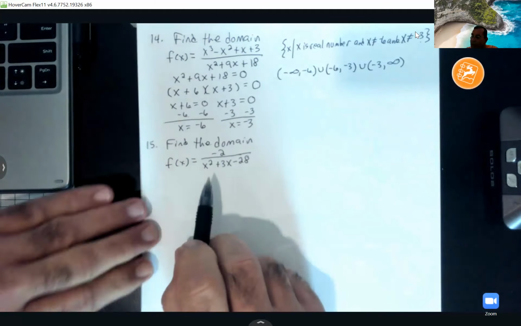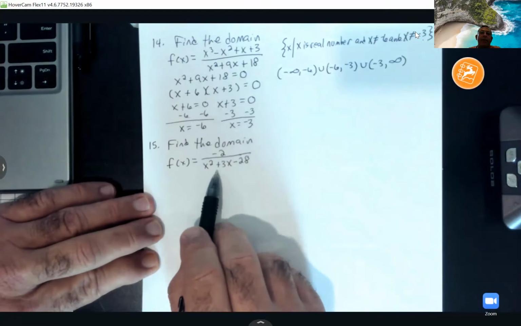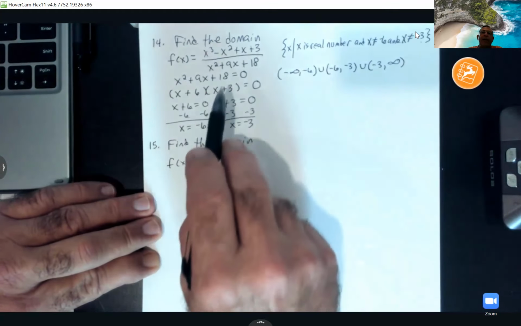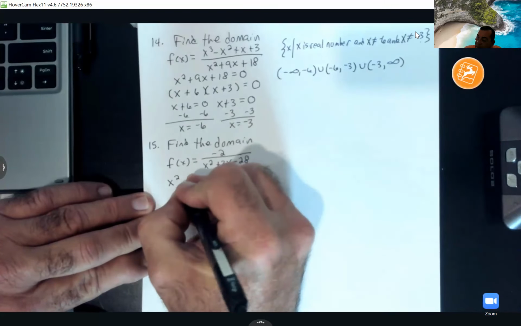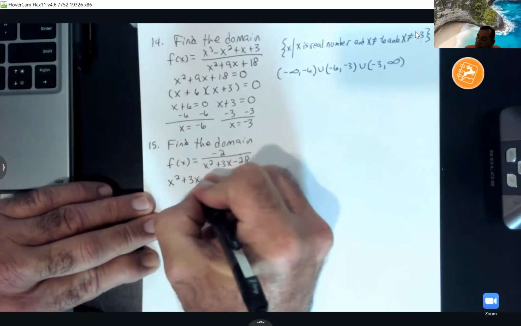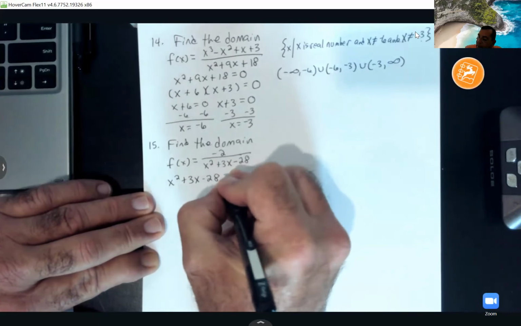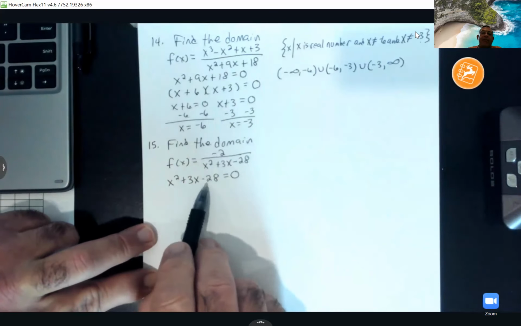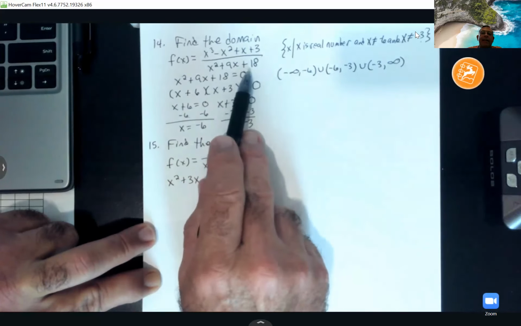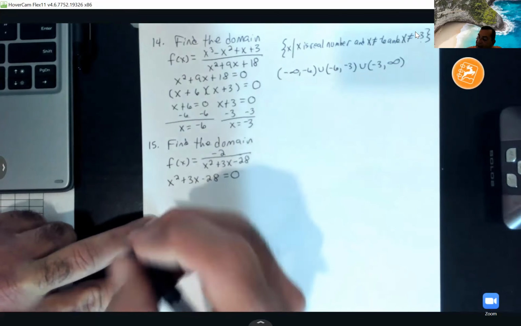So domain again, set the bottom equal to 0. So 14 and 15, you're working exactly the same way. The only thing different is the factoring. That one had a plus at the end. This one has a negative at the end.